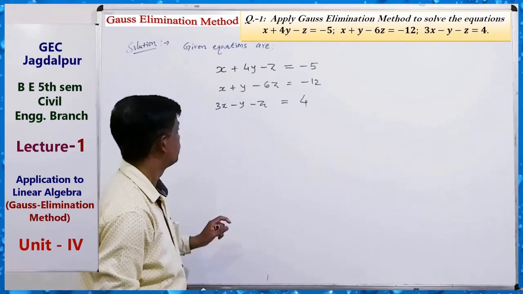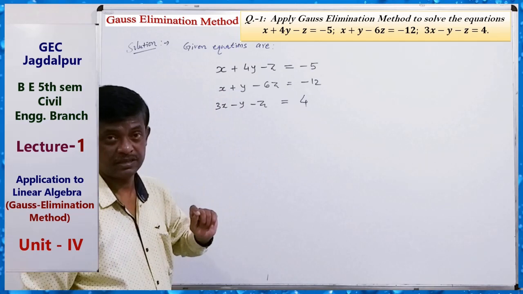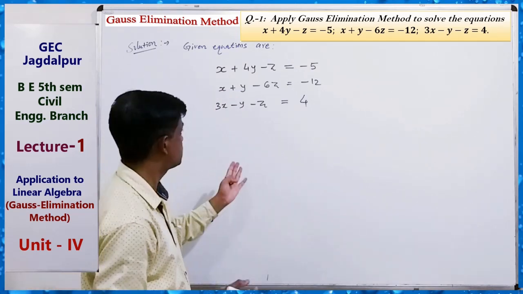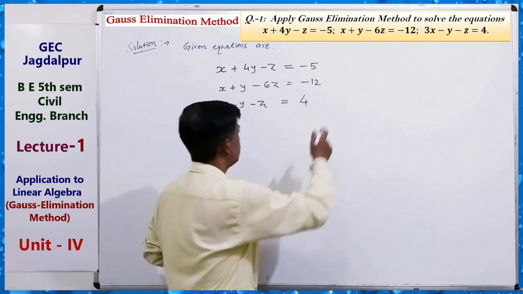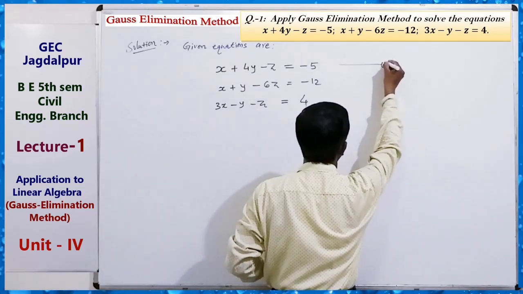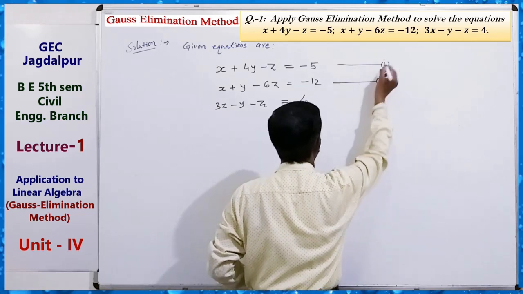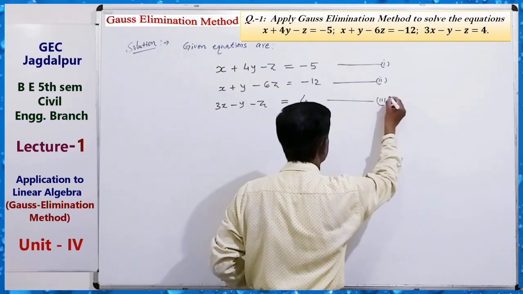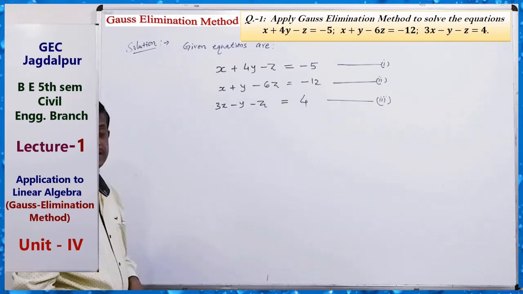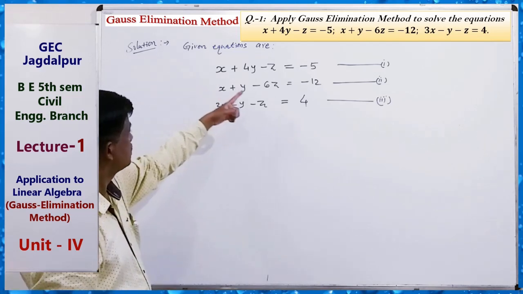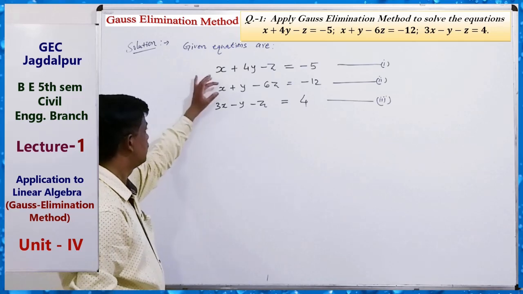Okay, so first here we can write it as our main step. What is the first step? First of all, you have to make numbering. This is the first equation, this is the second equation, okay, this is the third equation. Clear? Now our target is to eliminate the first unknown.